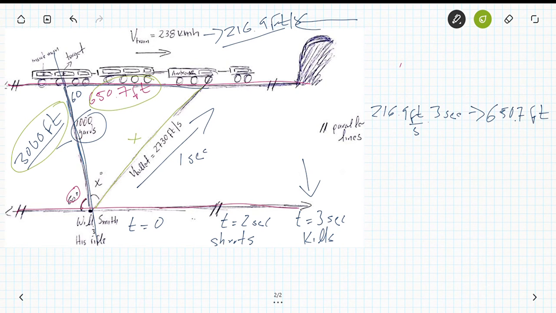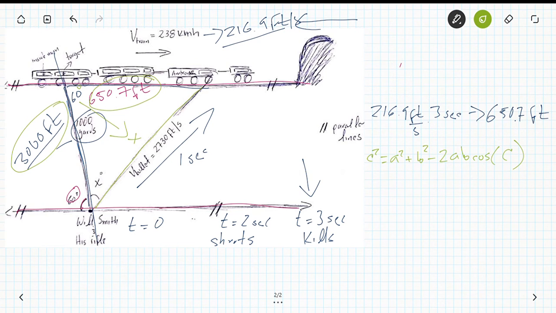Now, the law of cosines says that c squared equals a squared plus b squared minus 2ab cosine of the matching angle. In our case, this is our angle right here, the 60 degrees, and our matching side is going to be the unknown. So I'm going to replace those values.